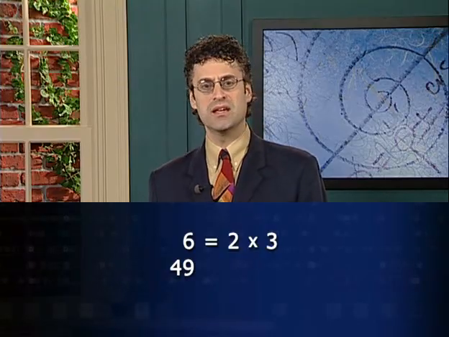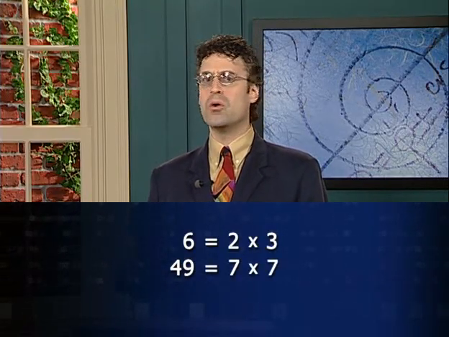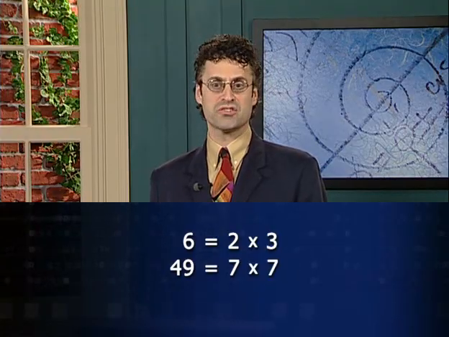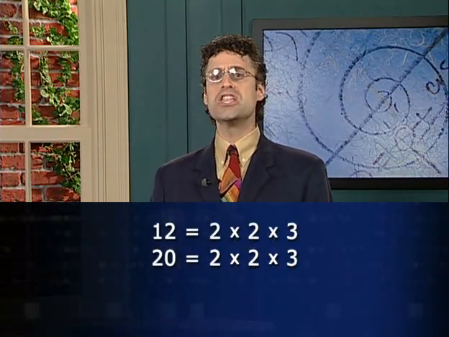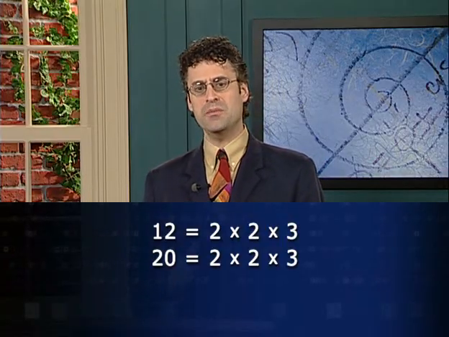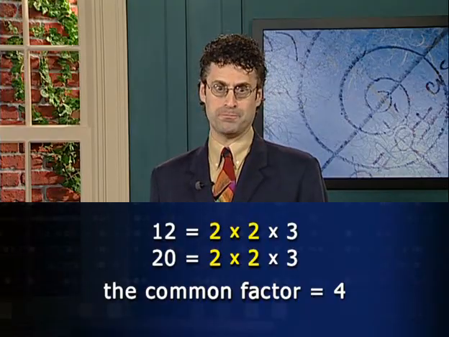For example, 6 and 49 are relatively prime. Notice that 6 equals 2 times 3, and 49 is simply 7 times 7, and they have no factors in common other than just 1. On the other hand, 12 and 20 are not relatively prime because they actually share the common factor of 4.